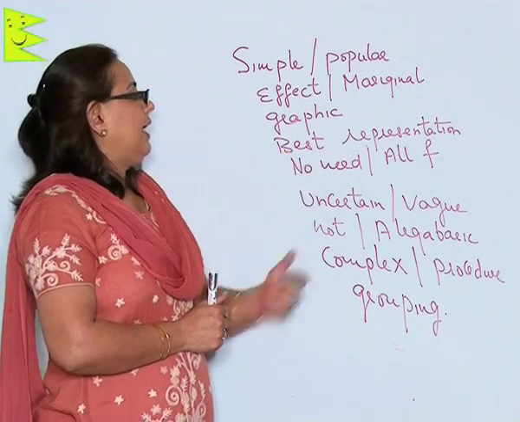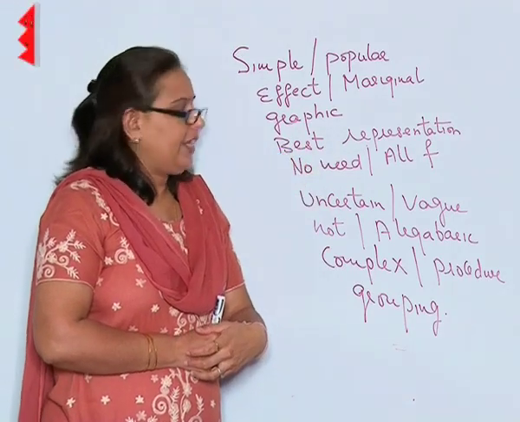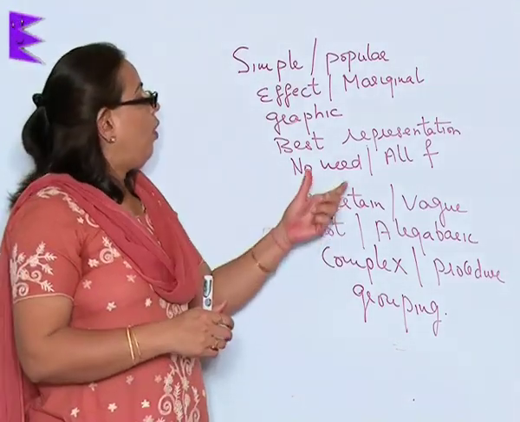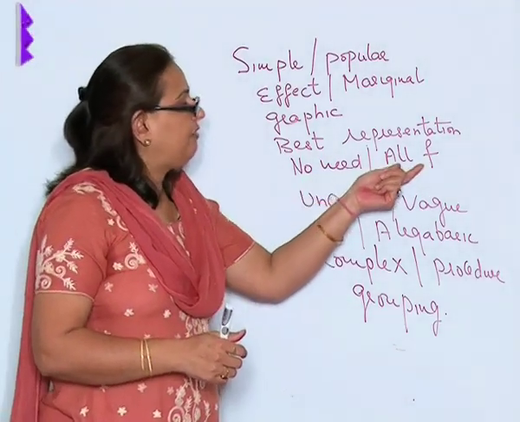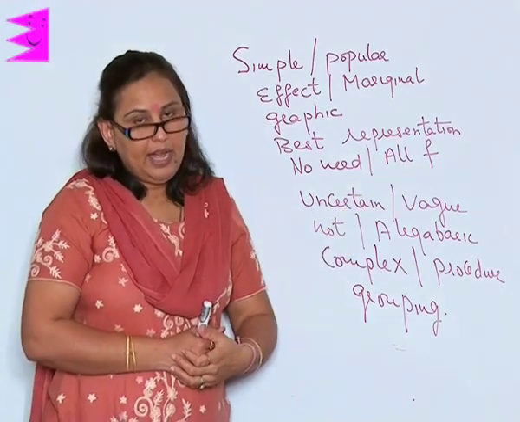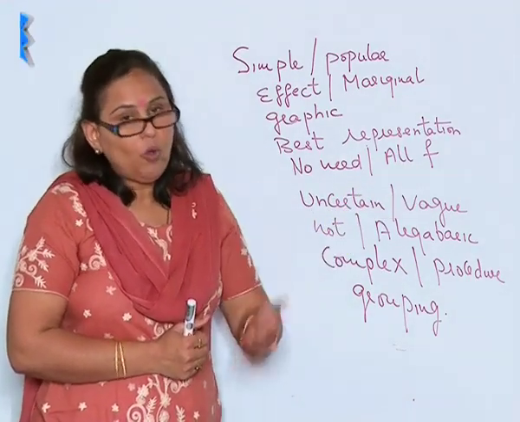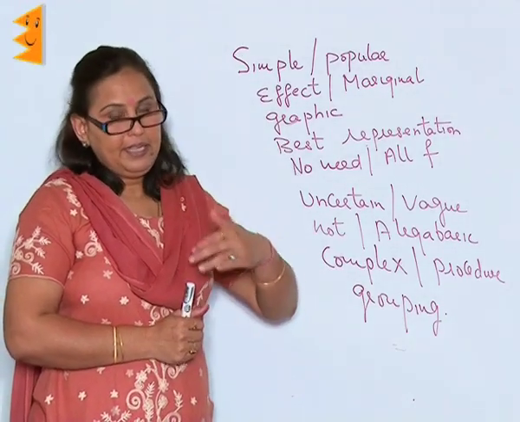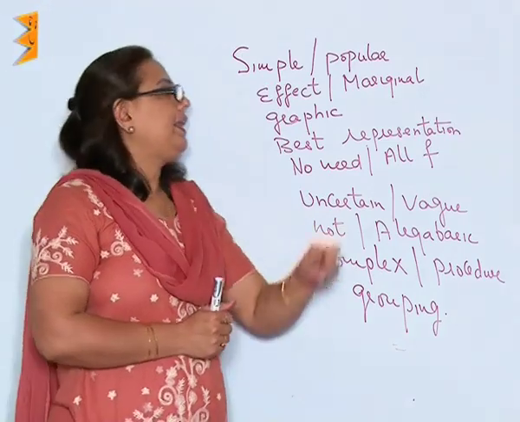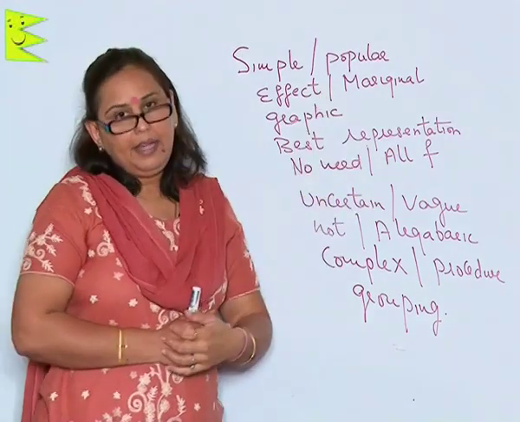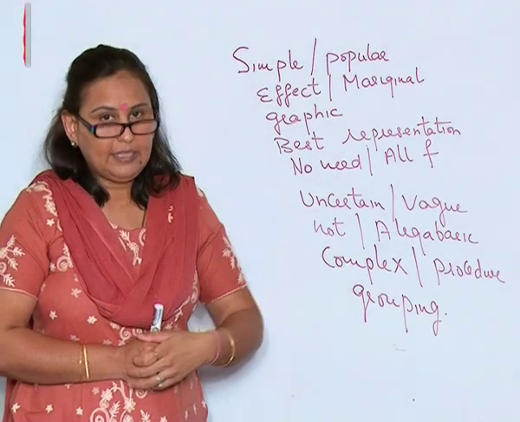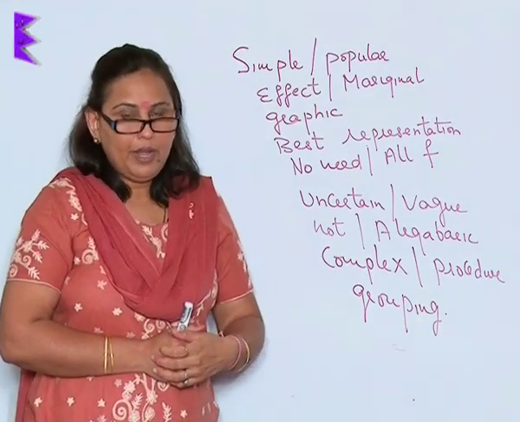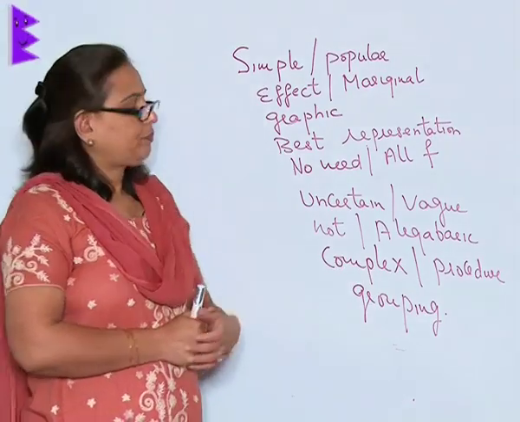The next is that it does not need all the numbers, all the frequencies, and it can be calculated even on the basis of the frequencies which are available. Thus, it is simple, easy to calculate, and popular, and even if the data is incomplete, this method can help us in finding out the central tendency.